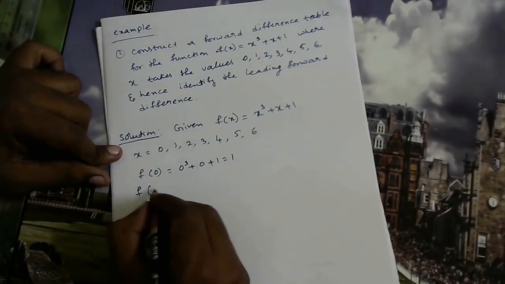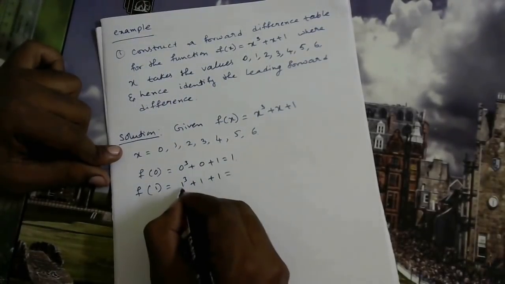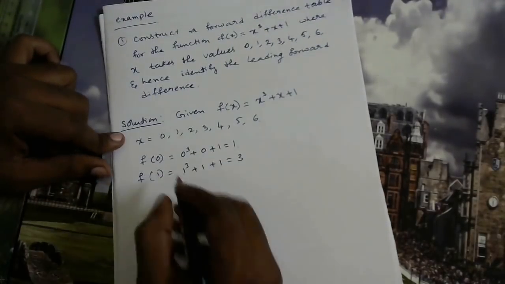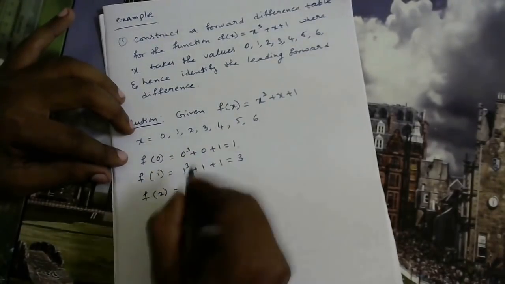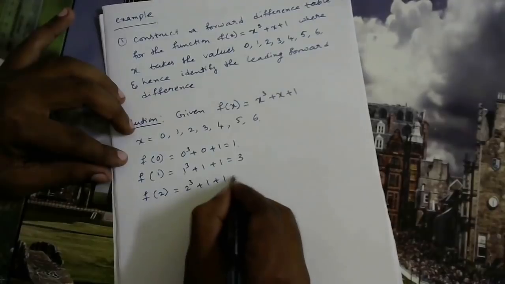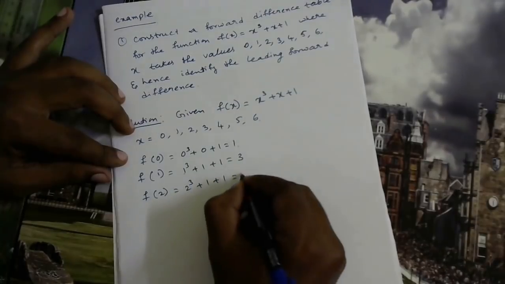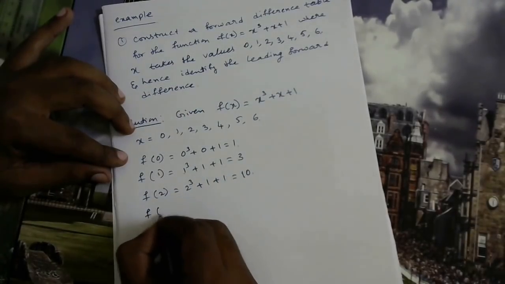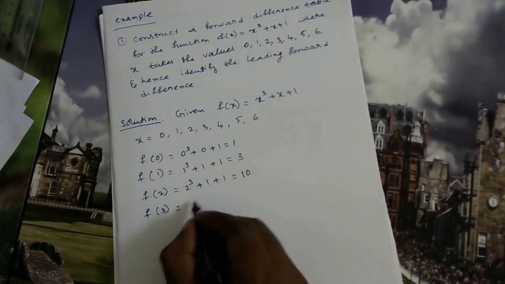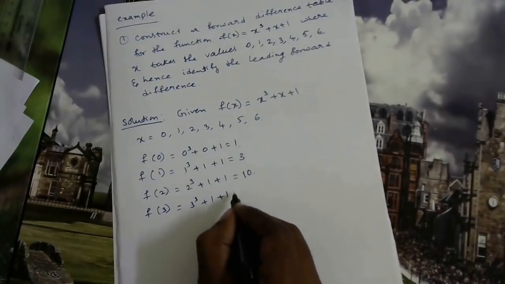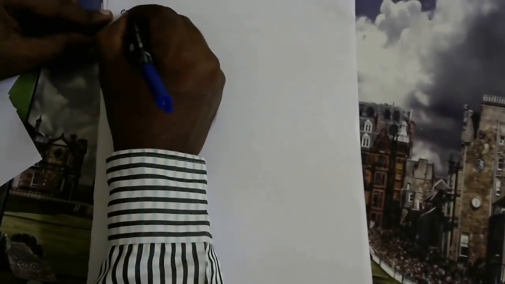If you put x equals 1, 1 cube plus 1 plus 1, so you'll get 3. If you put x equals 2, 2 cube plus 1 plus 1, 8 plus 1 is 9, 9 plus 1 is 10. And if you put x equals 3, you'll get 3 cube plus 1 plus 1.